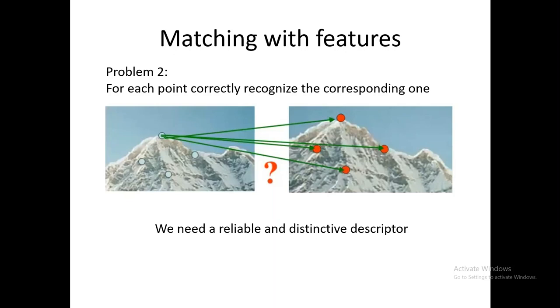So I need a more reliable descriptor that describes these interesting points, so that the descriptors of this point and that point are completely different, and it can precisely correspond to this point, or the descriptors of matching points should be the same, so they match with each other.